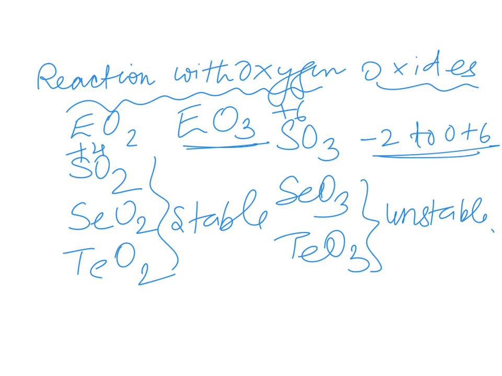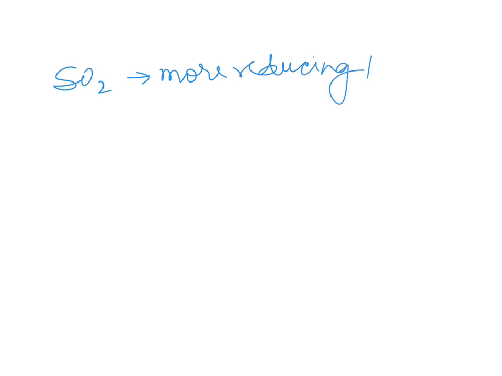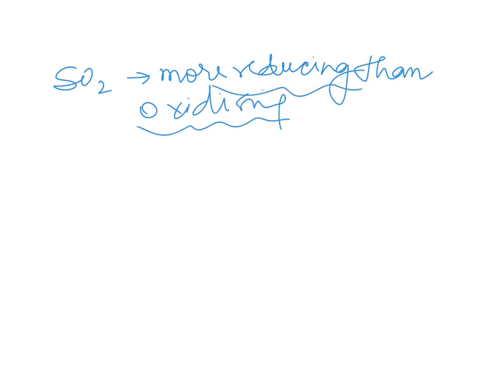Now one question is there: sulfur dioxide is more reducing than oxidizing. Means you can see that sulfur dioxide converts to sulfur trioxide. Here sulfur has +4, whereas here it has +6.